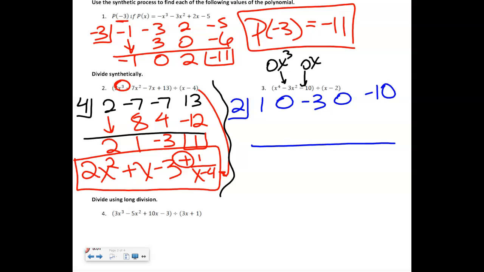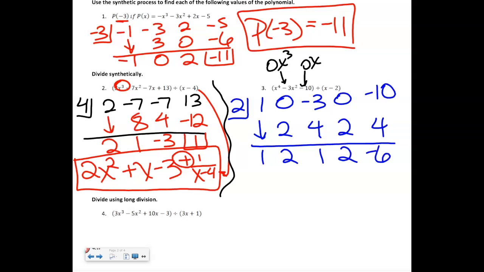And then again, we're doing our synthetic division. Watch out for your signs. And at the end here, we're going to be left with -6.